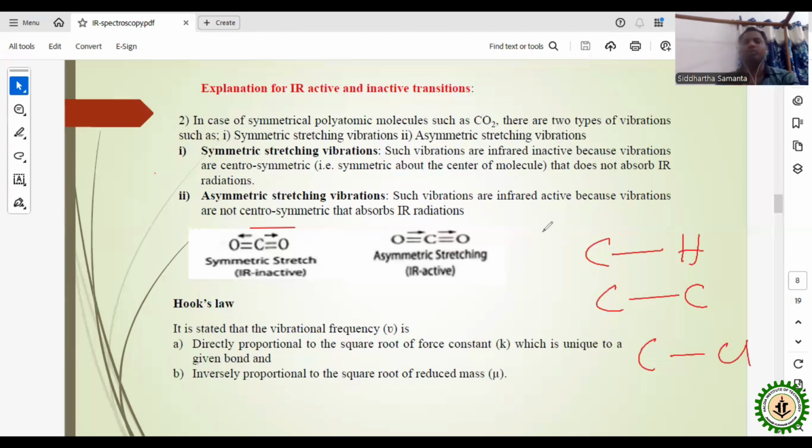And according to Hooke's law, vibrational frequency is directly proportional to the square root of the force constant K. That is, nu is proportional to root of K. Okay. So it is directly proportional to the square root of the force constant and inversely proportional to the reduced mass.